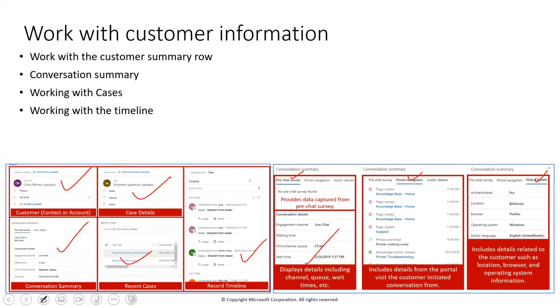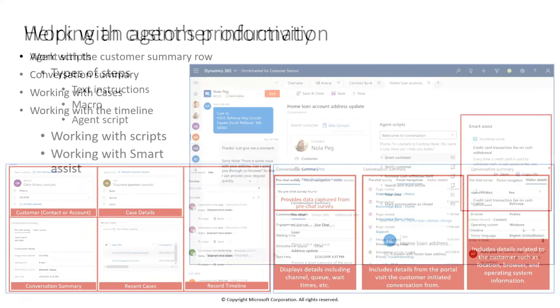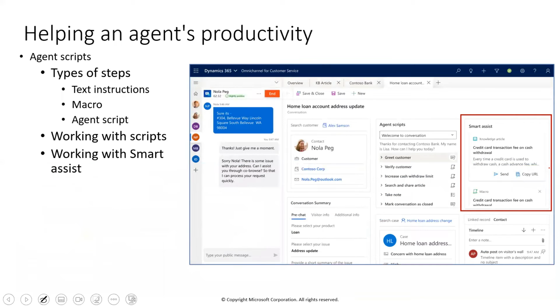And then the visitor details include the detailed record of the customer, like the location of the customer, the browser the customer is using, the operating system the customer is using, and some other information. So this kind of information is going to appear, and you will be able to get it on your own while working with omni-channel for customer service.